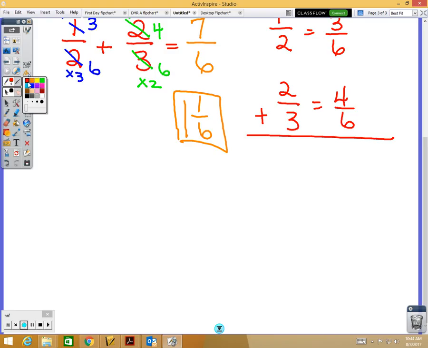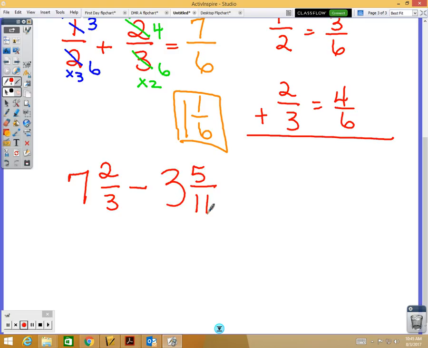Let's say that we have 7 2/3 minus 3 5/11. Now, just like yesterday, you have the option of changing these into improper fractions first and then doing all the steps, or you can leave them as they are, fix your denominators and do it like that.